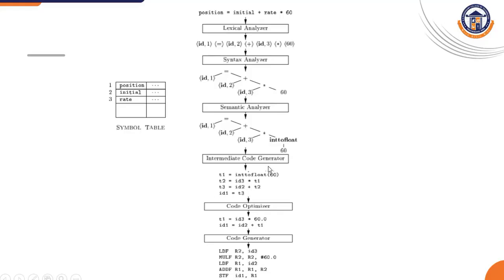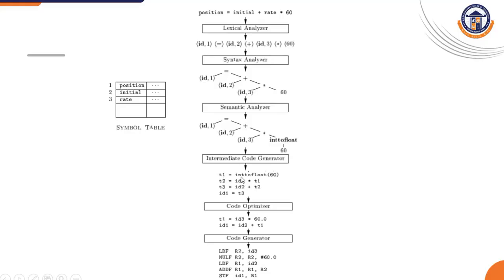This intermediate code representation is given to the code optimizer. The code optimizer performs code optimization. It improves the readability and also reduces the memory consumption of the intermediate representation. Here the code is optimized like this. Instead of converting 60 into float, it directly uses 60.0.